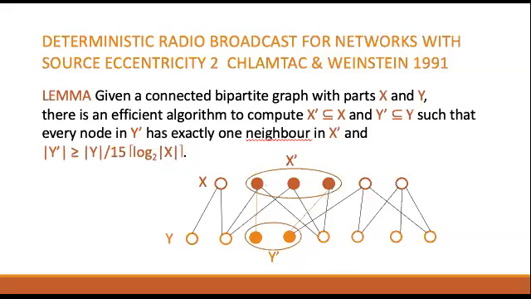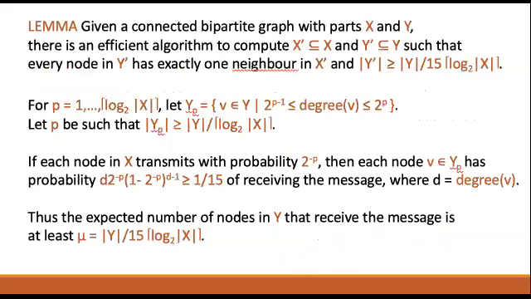The first part of this lemma is similar to the proof of the lemma I proved 4 slides ago. Let Y_p denote the set of nodes in part Y of the bipartite graph that have between 2^(p-1) and 2^p neighbors.